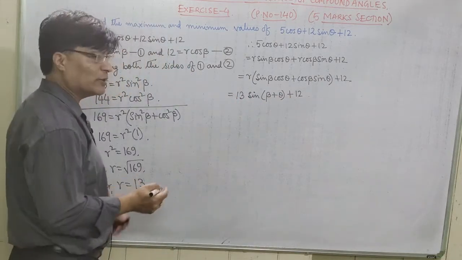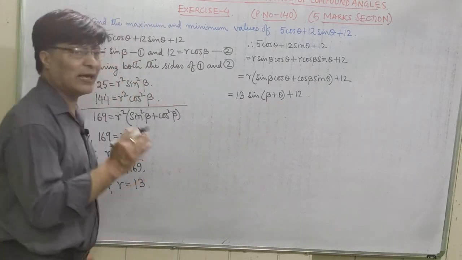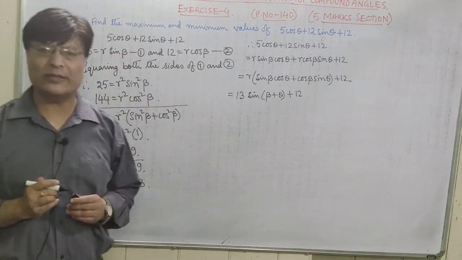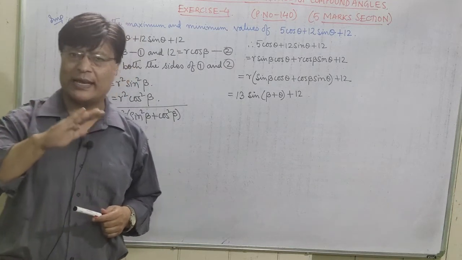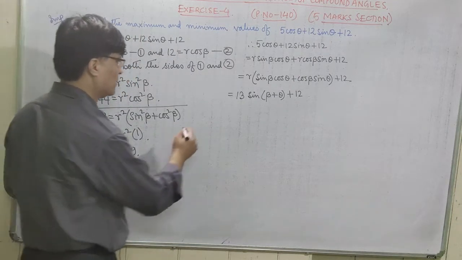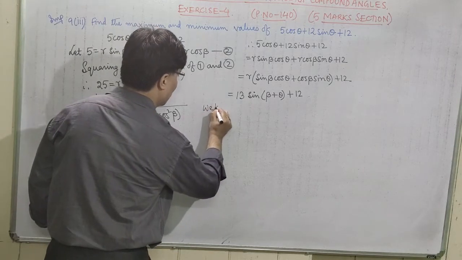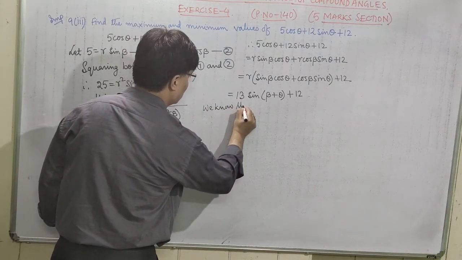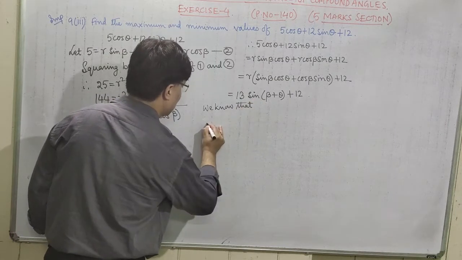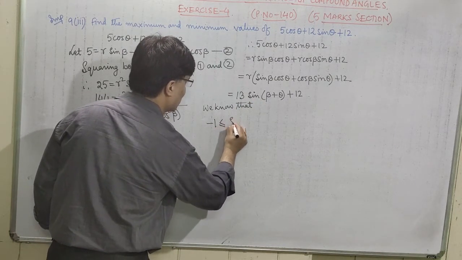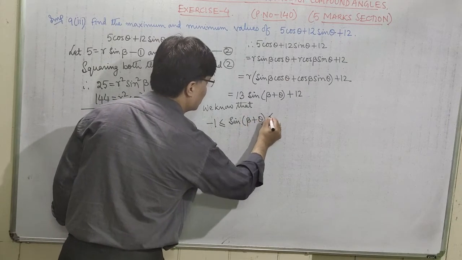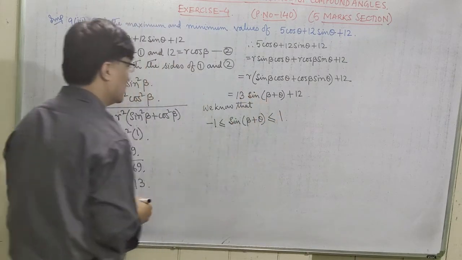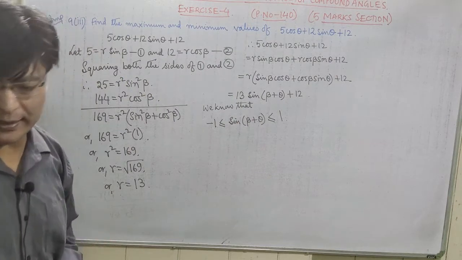Okay. So you know that sine of any angle lies within -1 to +1. You should know that sine of any angle, cos of any angle always lies within -1 to +1. So we know that -1 is less than or equal to sine of beta plus theta, which is less than or equal to 1. You should know this relation. Okay.